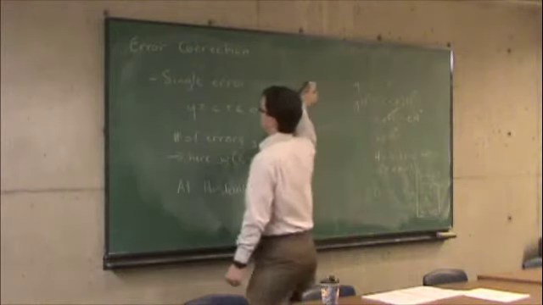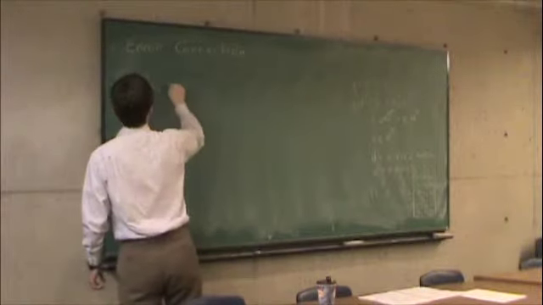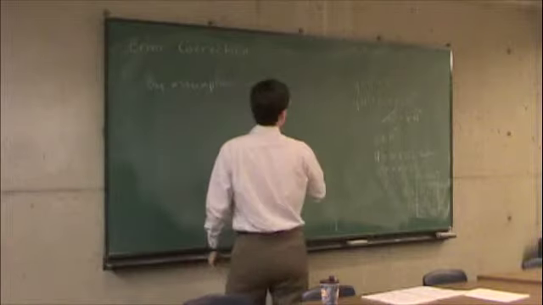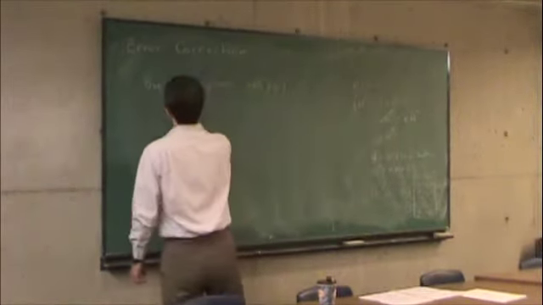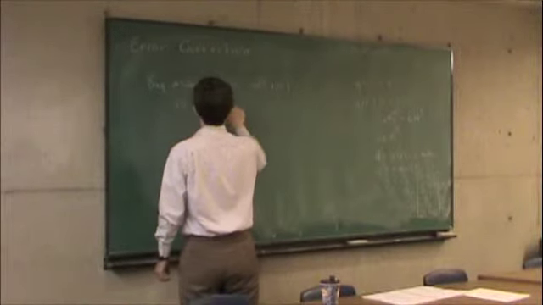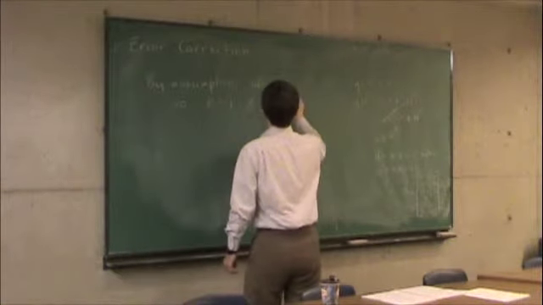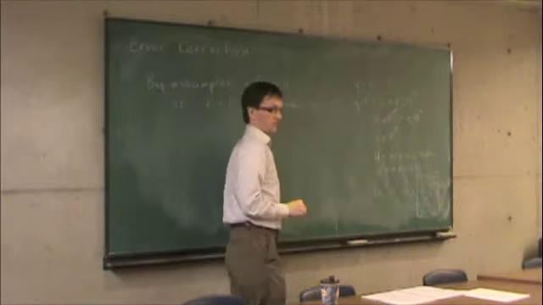Now remember, by assumption, the Hamming weight of the error sequence is 1. So there will be some i so that E_i is equal to 1, and all other E_j are equal to 0.